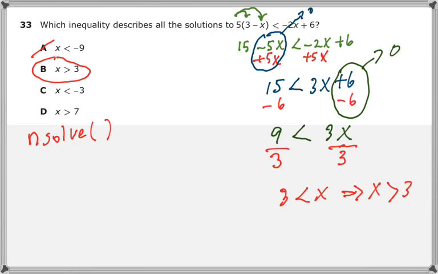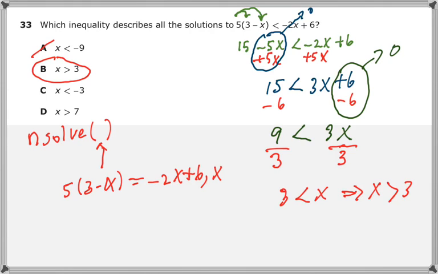Inside the parentheses, you're going to put our inequality. So you put 3 minus x, replace that less than symbol with an equal symbol, and put negative 2x plus 6, comma, and then the variable we're solving for, which is x.